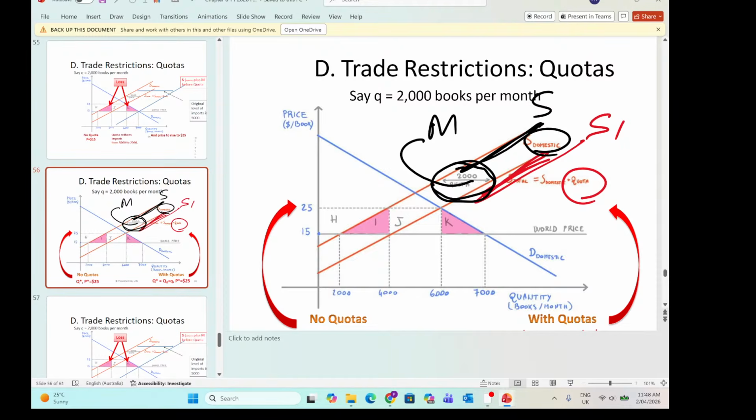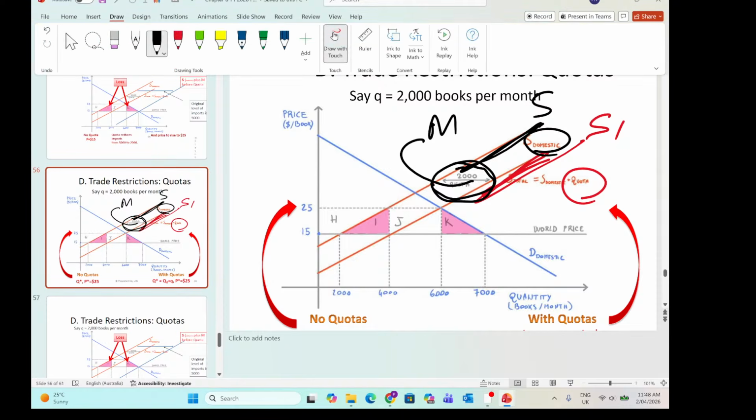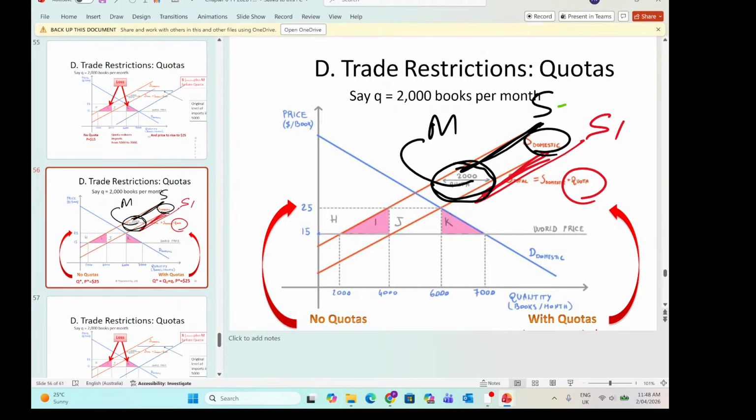The reason I wanted to start with this slide, which is the textbook slide, is because if we look at this slide, it makes the quota appear to be increasing the supply of goods into the market. Now, of course, there is an increase on the domestic output. We've got the domestic output plus another 2,000 imports.